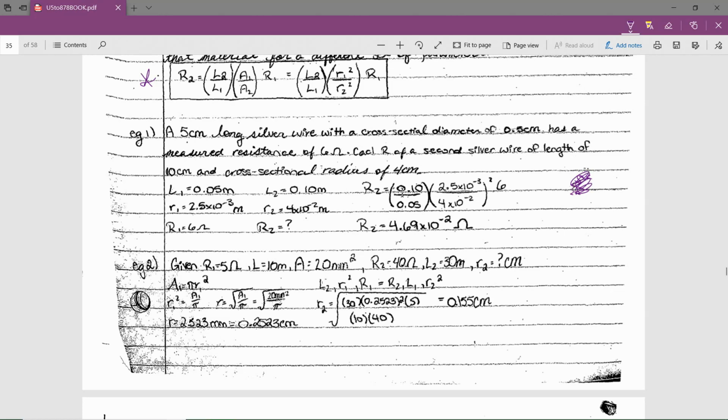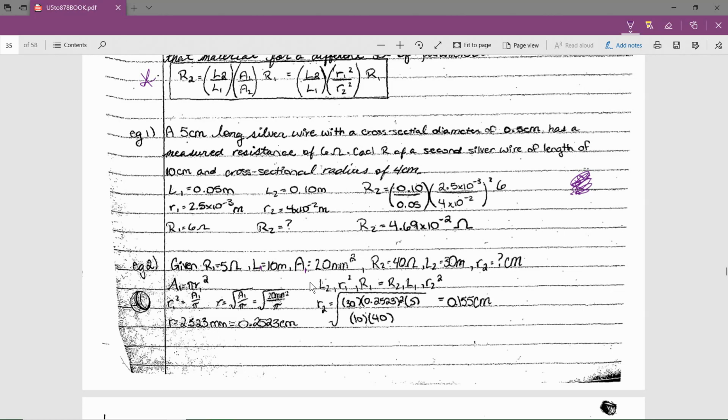Okay, second example. Let's say I have a resistor with 5 ohms and a length of 10 meters and an area of 20 millimeters squared. I want to get the second set of conditions, the cross-sectional radius, given R2 is 40 ohms and L2 is 30 meters. So let's get r1.